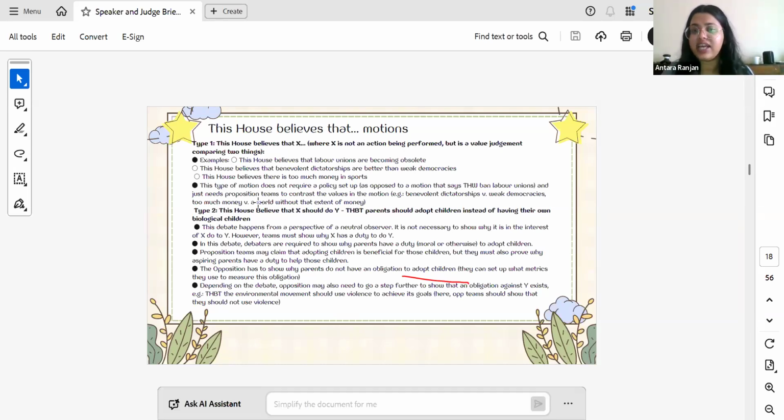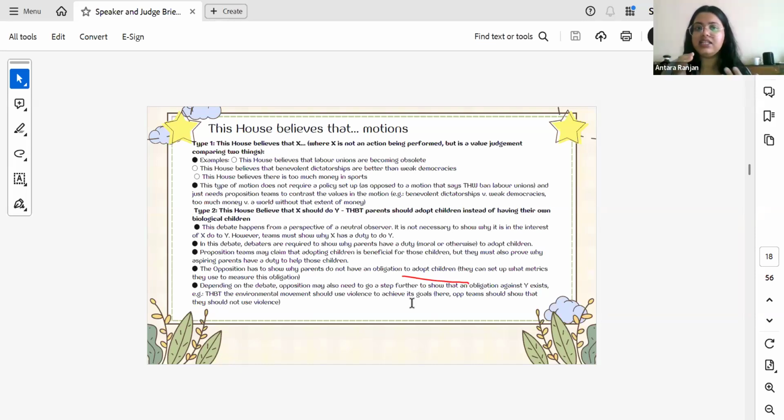Then the second type of this house believes that motions are the ones that ask you to say one thing is better than the other, right? This house believes that parents should adopt children rather than having their own children, right? It clearly tells you what action we should do and what we should prefer over the other action, right?